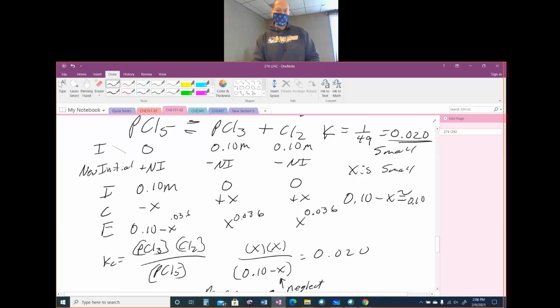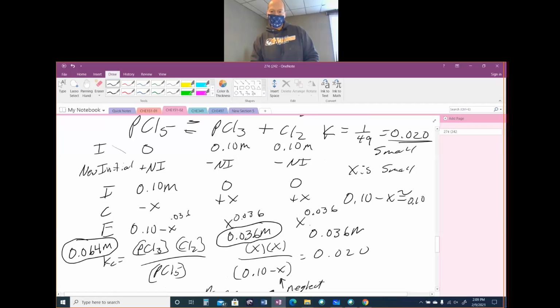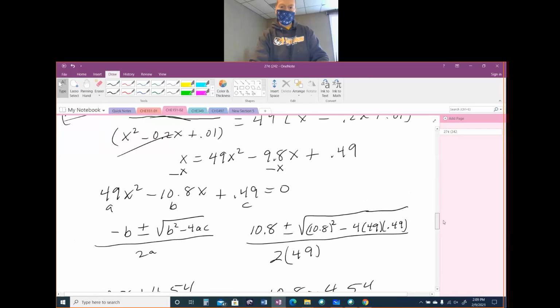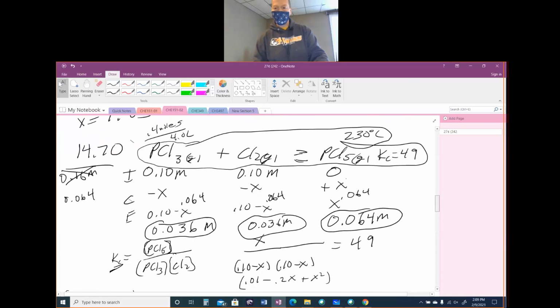So the PCl5 is going to be 0.064 molar. The PCl3 is 0.036 molar. The Cl2 is 0.036 molar. And when you look at those numbers and you look at the previous numbers, you get exactly the same answer.